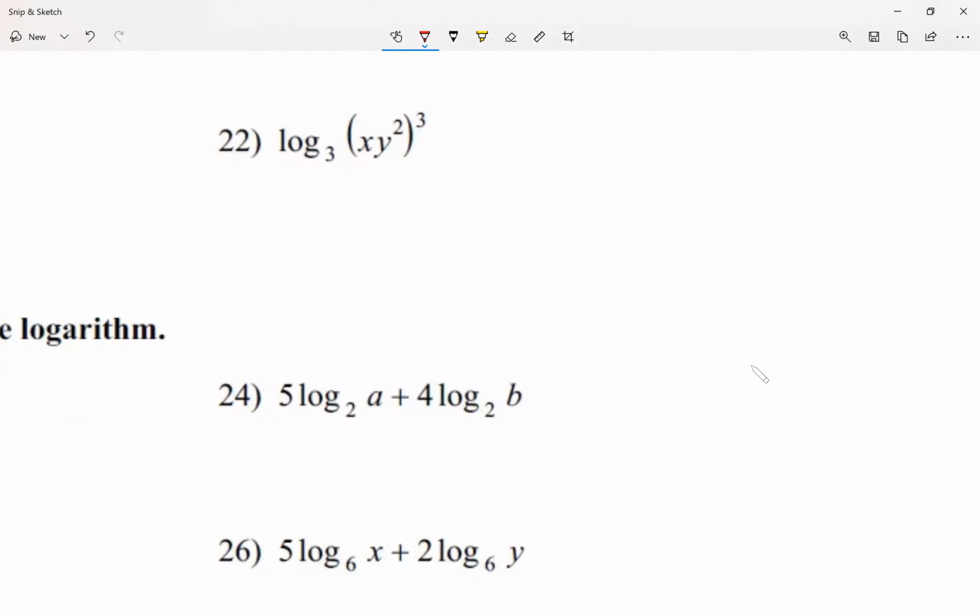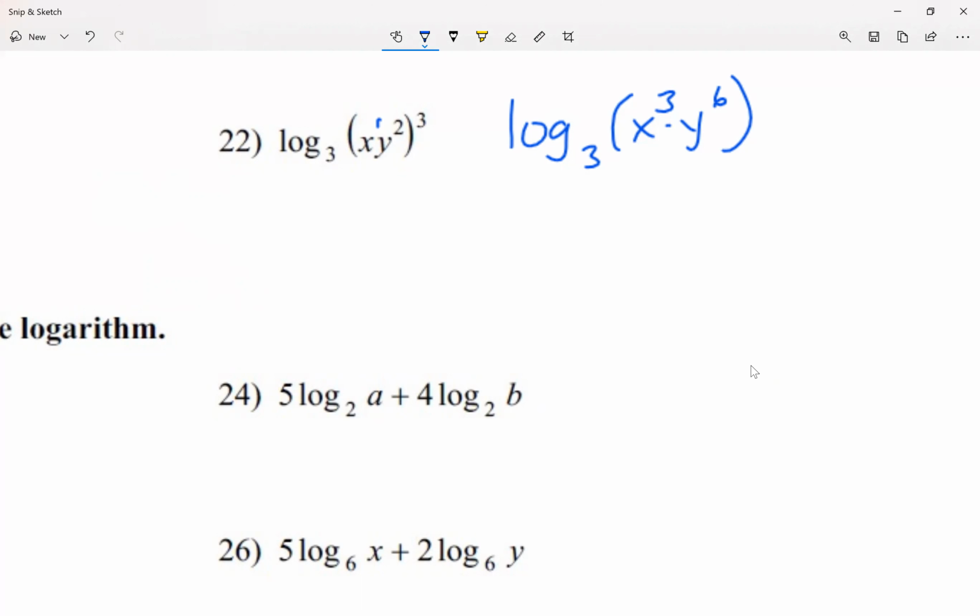Let me get rid of the exponent on the outside. So let me multiply the 3 to my exponents on the inside. So we have log base 3 of x to the 3rd, y to the 6th. The 3 on the outside, I multiplied it to the exponents on the inside. Technically, that was x to the 1. So that's why I got x to the 3rd, y to the 6th. I know when two letters are put together, we learned that back in Algebra 1, that is times.